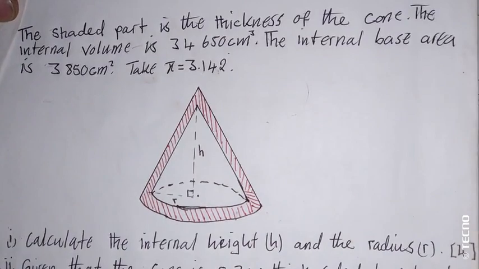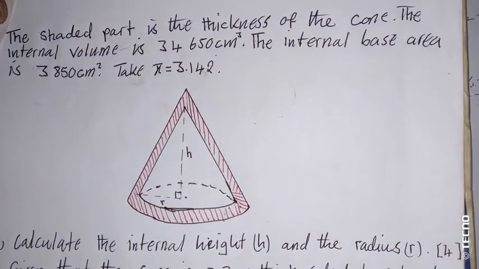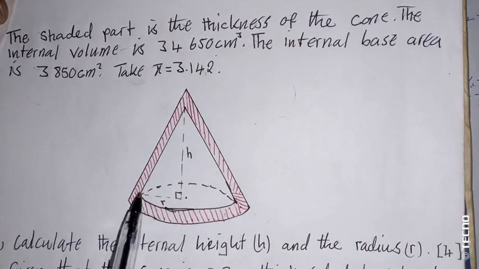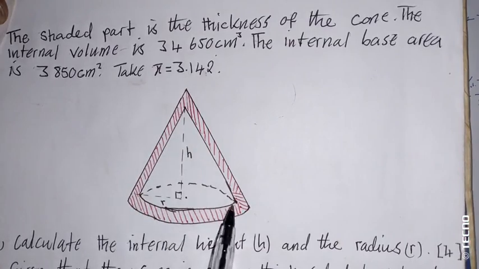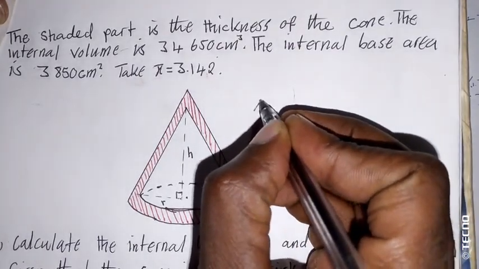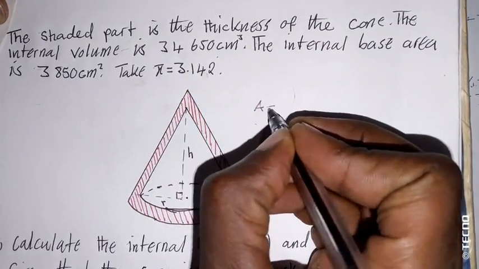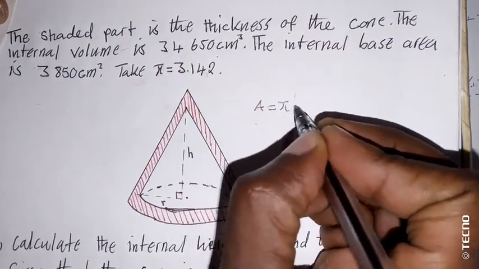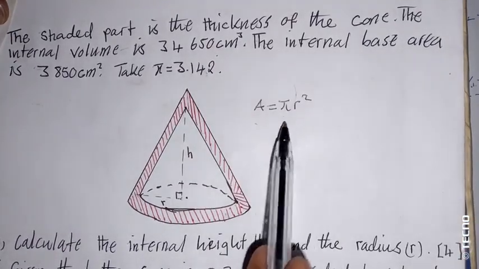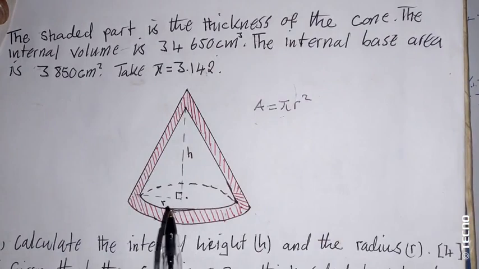To write the formula, when we talk of the base area of a cone, we need to understand that this is a circle. So the area of a circle, A is equal to pi r squared. This is the base area of the cone.